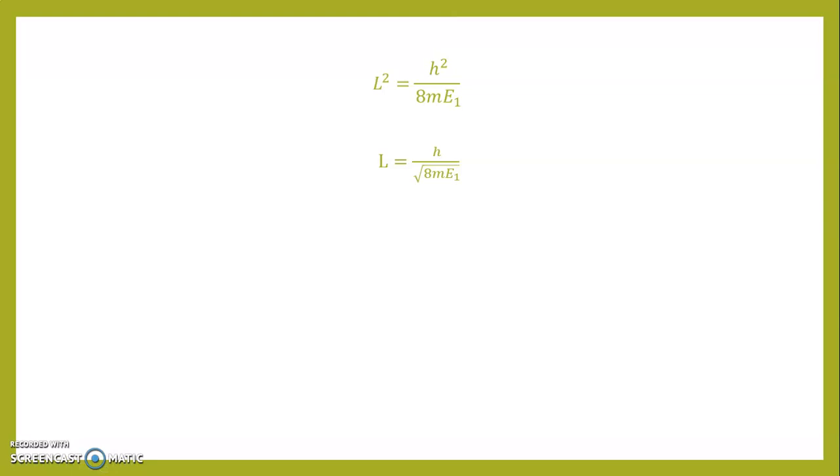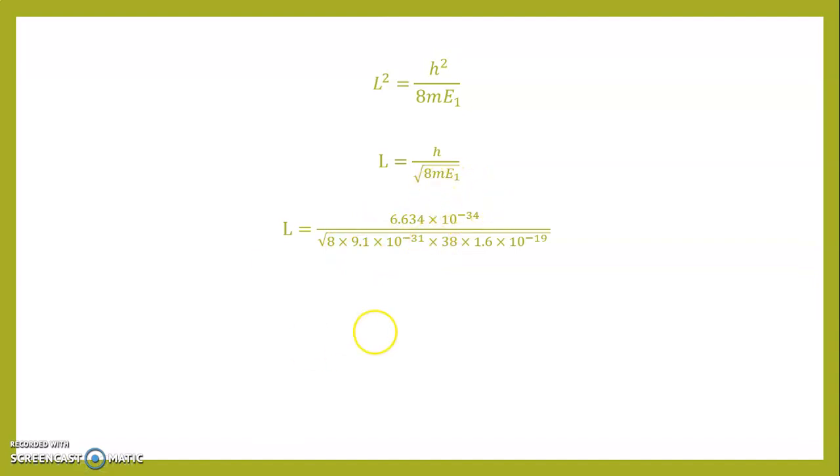Now we can put the values in this equation. The value of h is 6.634 into 10 raised to minus 34, which is Planck constant. Then 8 is as it is. Then the value of m is the mass of the electron, which is 9.1 into 10 raised to minus 31.